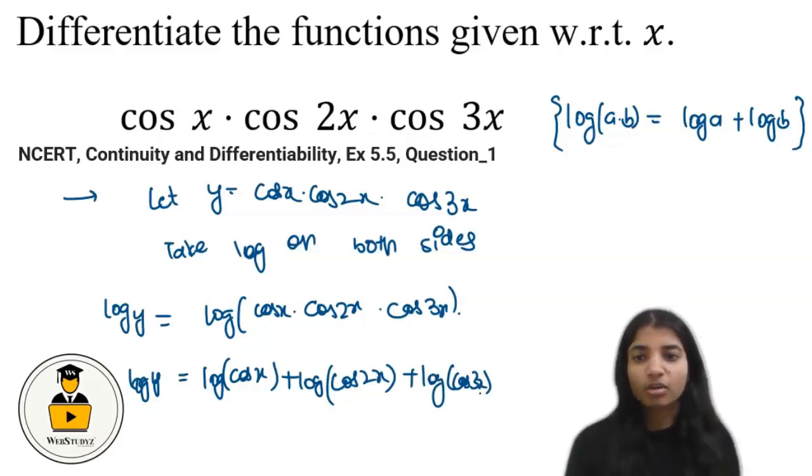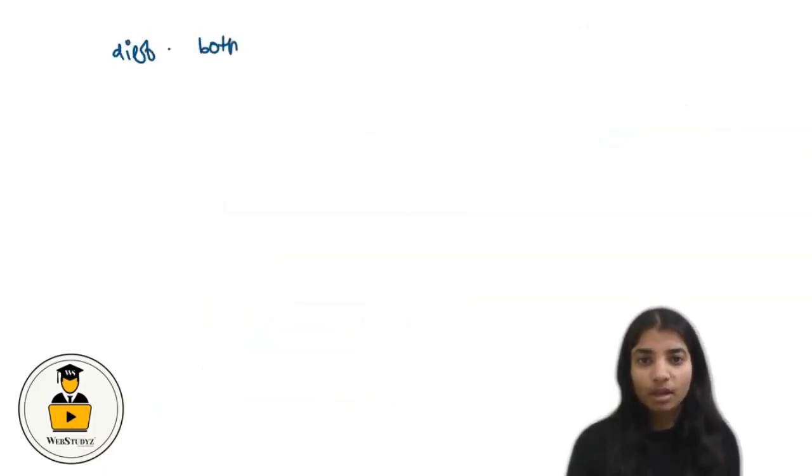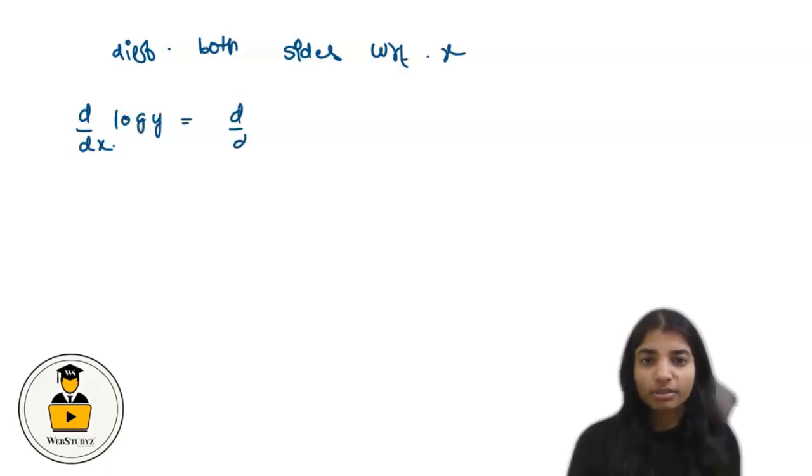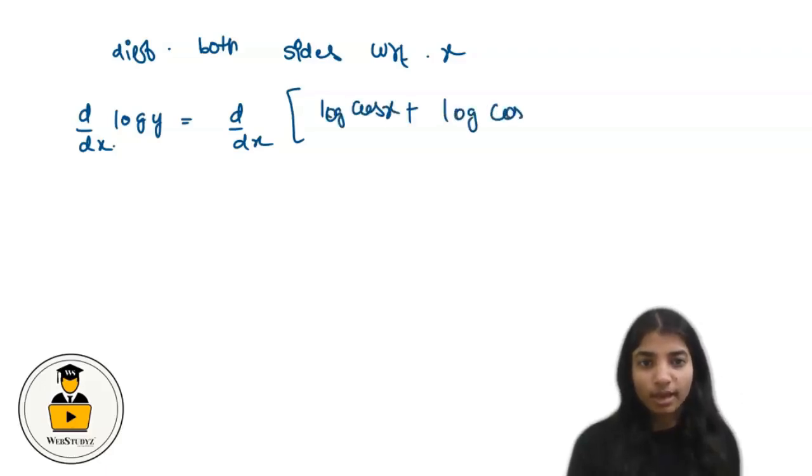Now we can differentiate both sides with respect to x. So this becomes d/dx of log y, and this becomes d/dx of log of cos x plus log of cos 2x plus log of cos 3x.